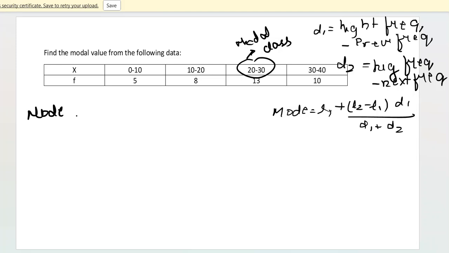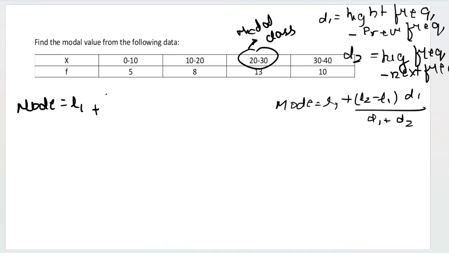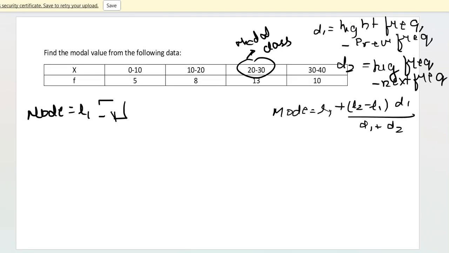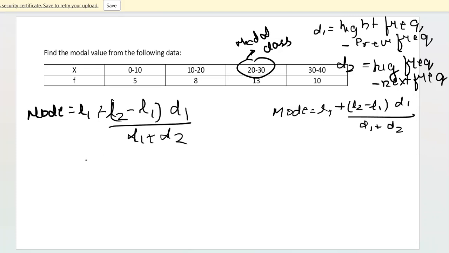Therefore, the mode is L1 plus L2 minus L1 times D1 upon D1 plus D2. Now L1 is 20, the lower number among 20 and 30. L2 is 30, the higher number, minus 20.